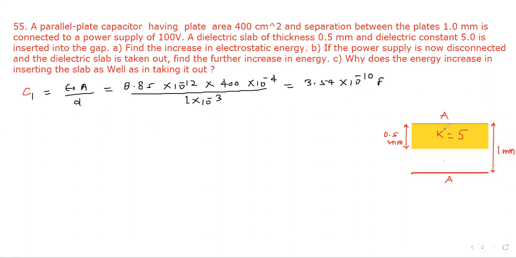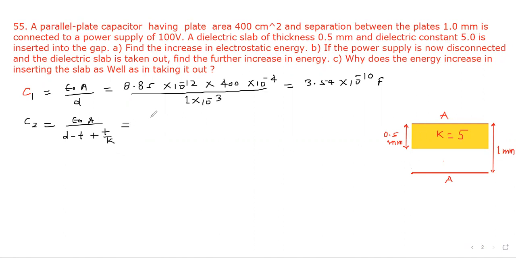Now, when the dielectric is inserted, the capacitance will increase, and that will be given by epsilon naught A divided by D minus T plus T upon K. Here, D is the total separation, and T is the thickness of the dielectric.